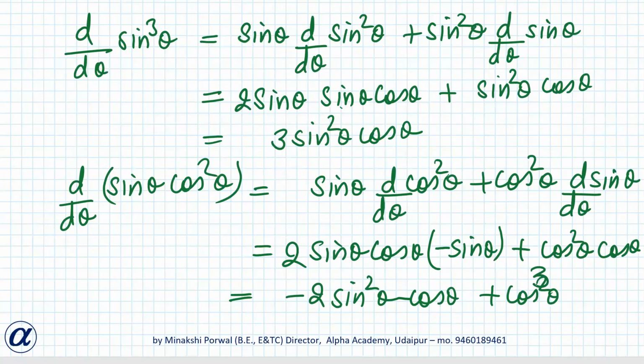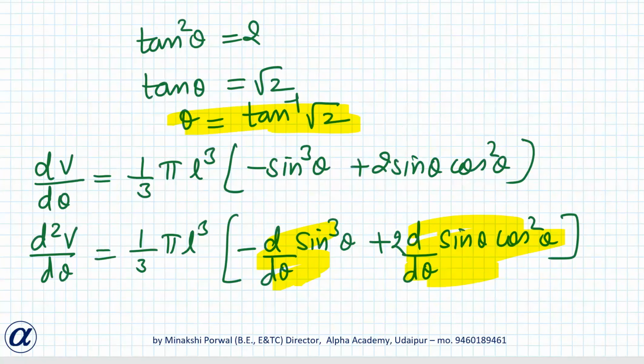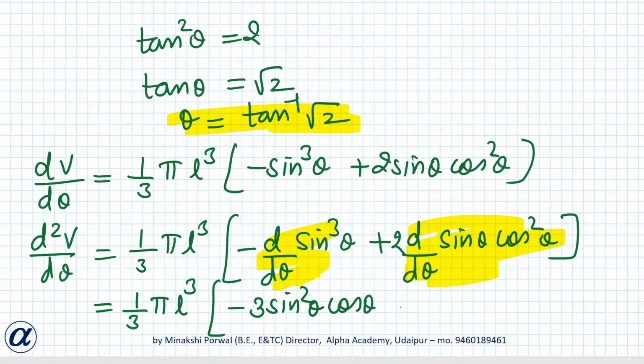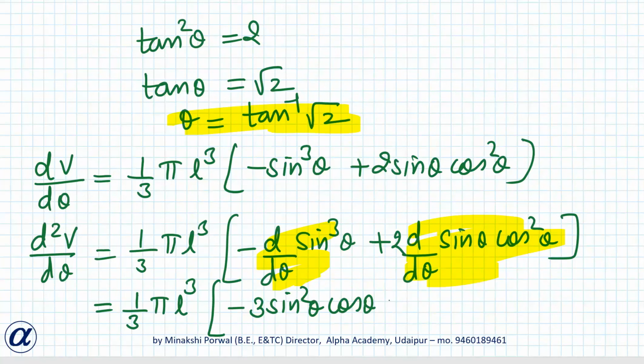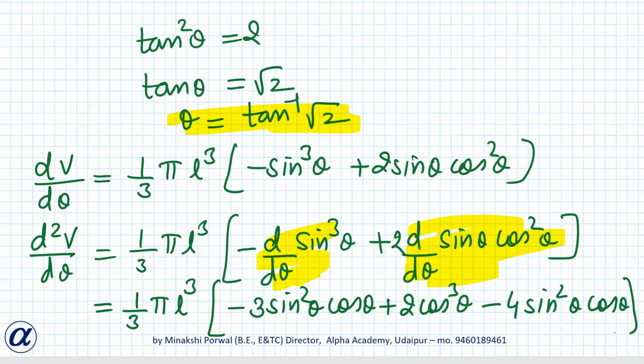Now we'll substitute both the values here. So it will be 1 by 3 pi l cube times minus of 3 sine square theta cos theta plus 2 into this, what we have done just now. So this will be 2 cos cube theta, and this will be minus 4 sine square theta cos theta.